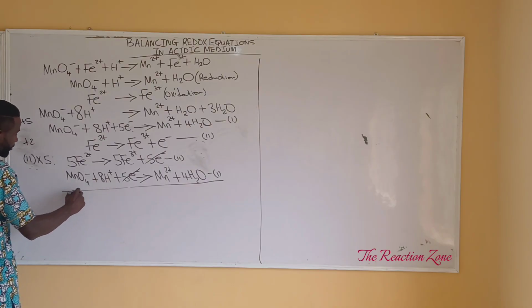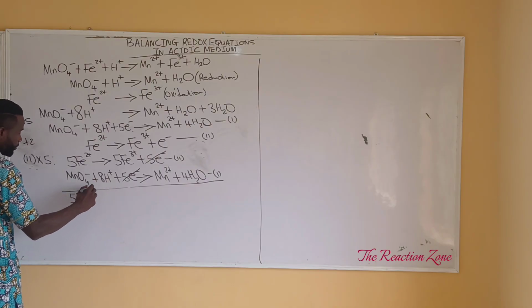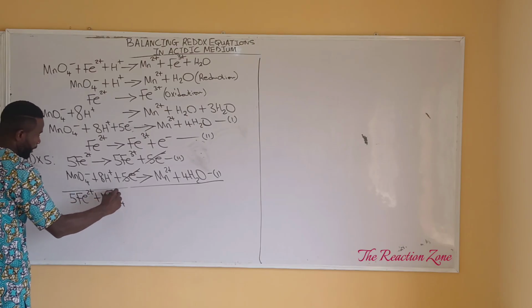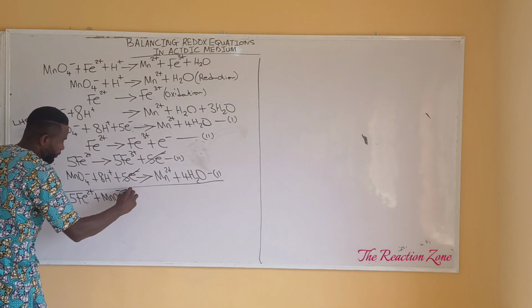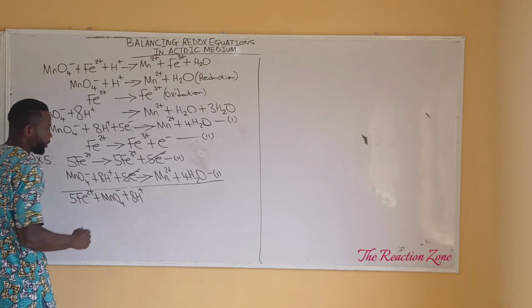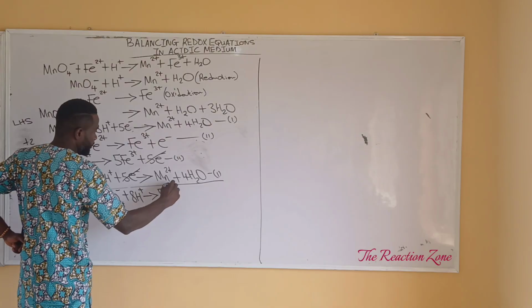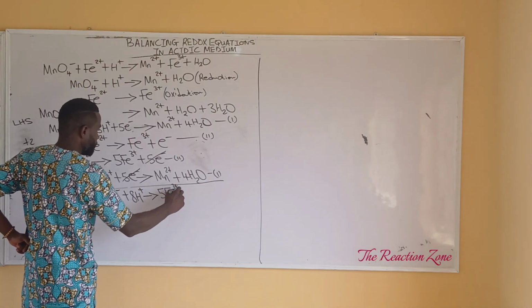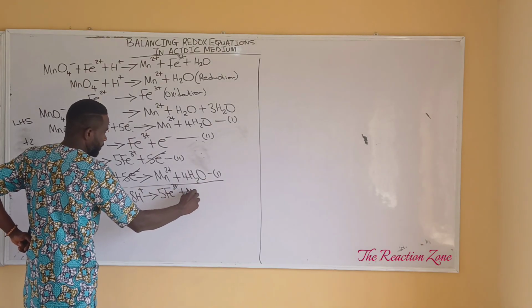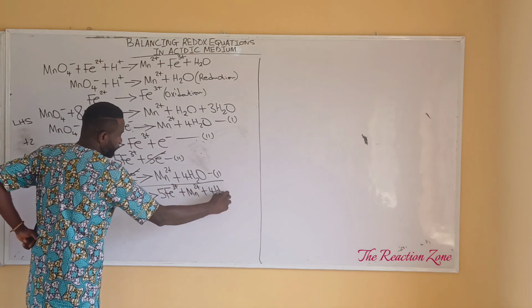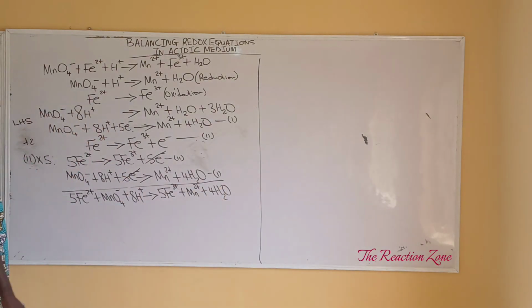So this will be 5Fe2+ plus MnO4- plus 8H+ will give us 5Fe3+ plus Mn2+ plus 4H2O. And this is the answer to this question.